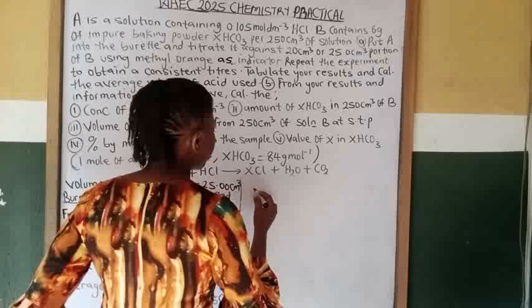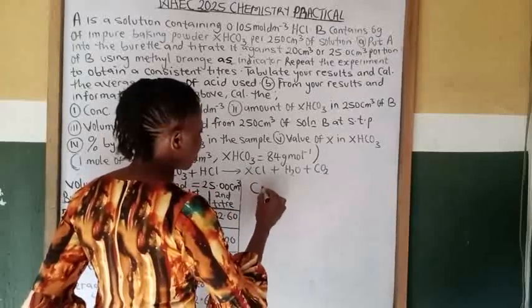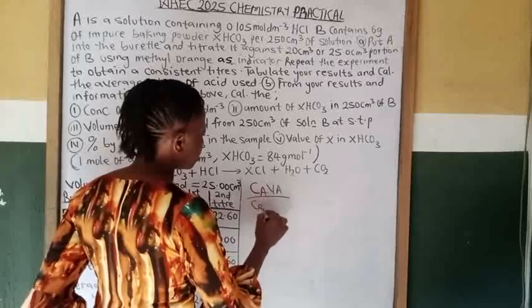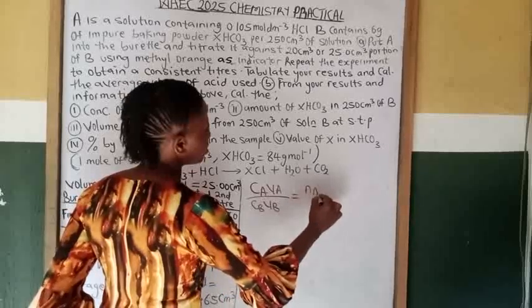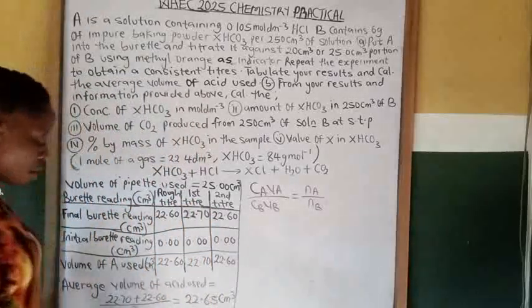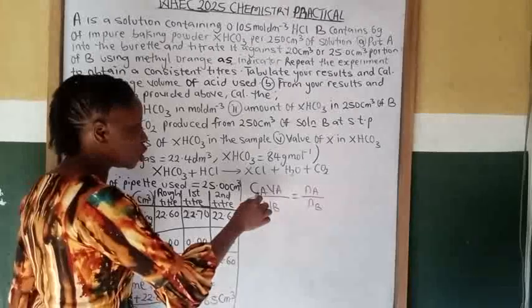We have one called the general formula, which is CA VA over CB VB is equal to NA over NB. So this is the general formula. C means molar concentration.